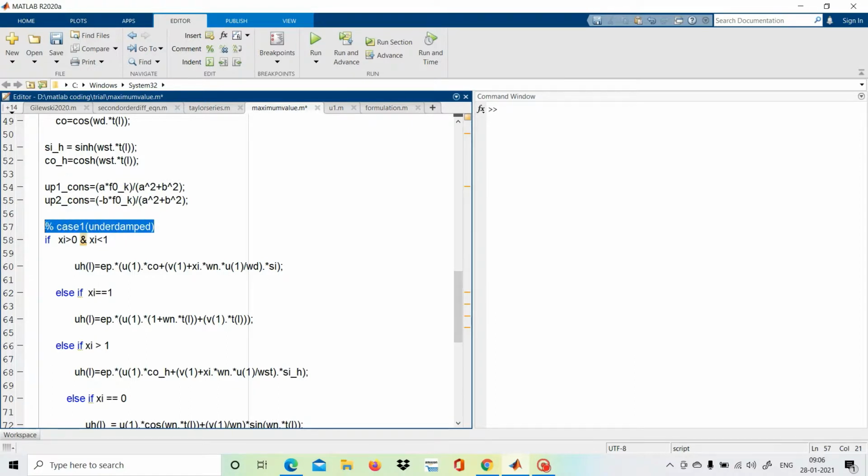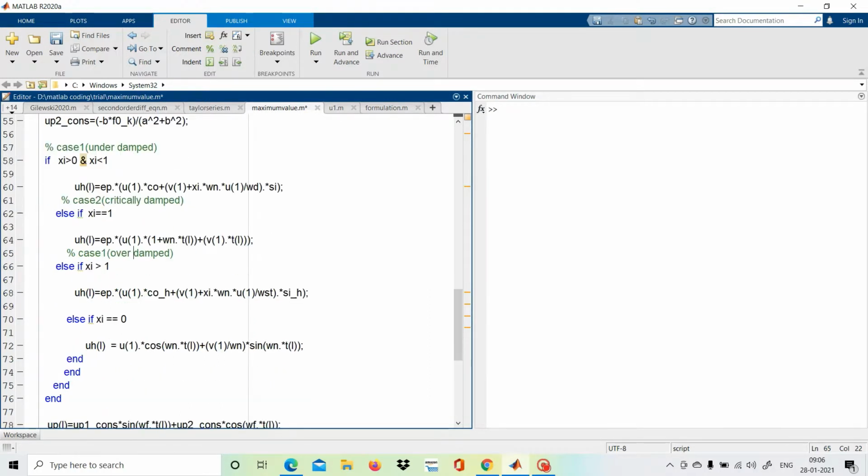Similarly, if xi is equal to 1, we will say it is critically damped. And we know if xi is greater than 1, we can write it as overdamped.